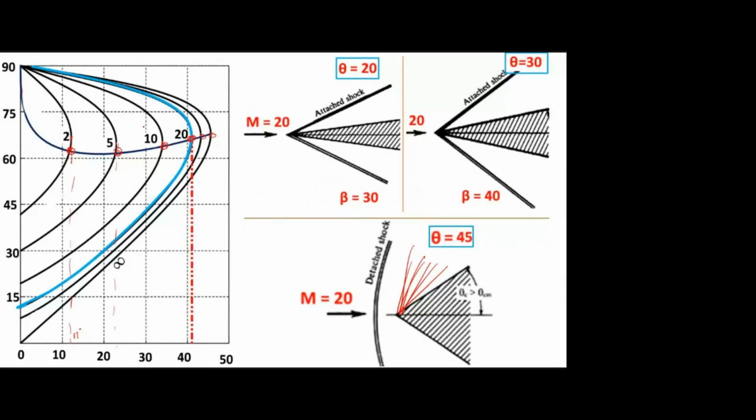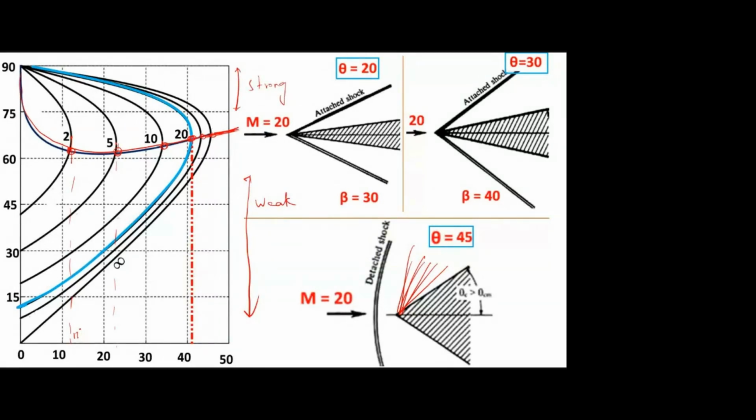Then join all those apex points, which divides this graph into two portions. This portion we call the weak solution, and this portion we call the strong solution.